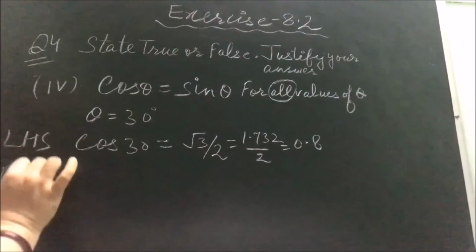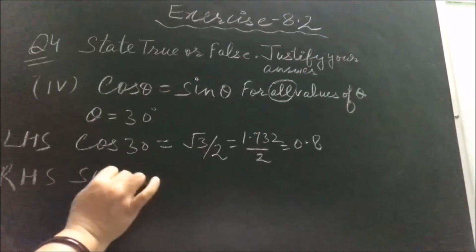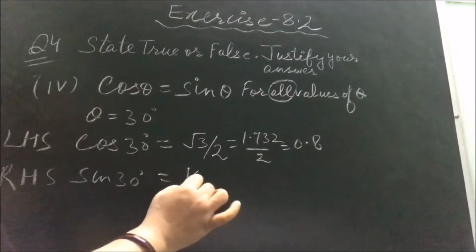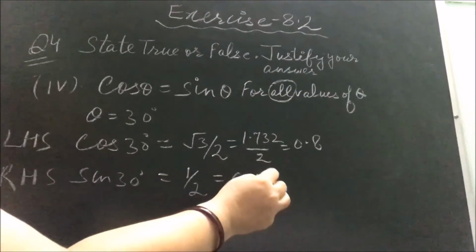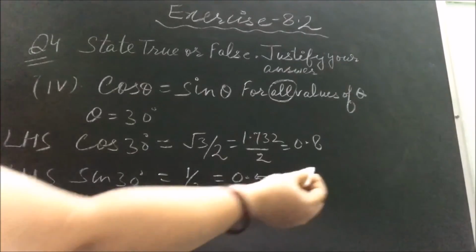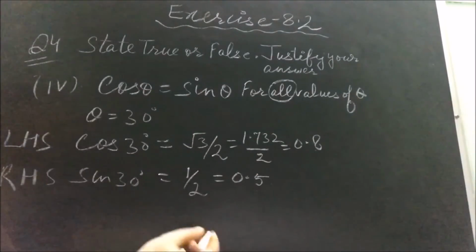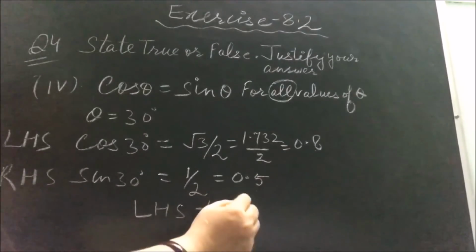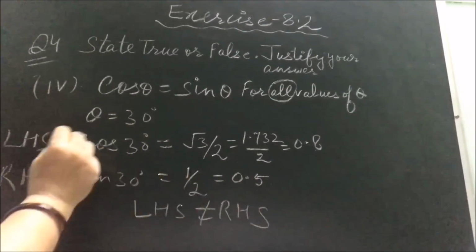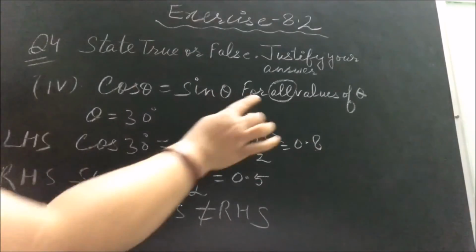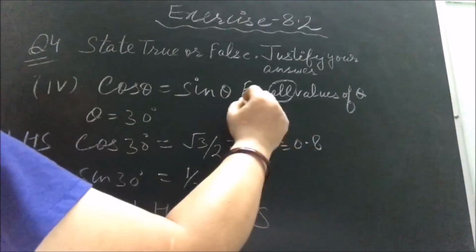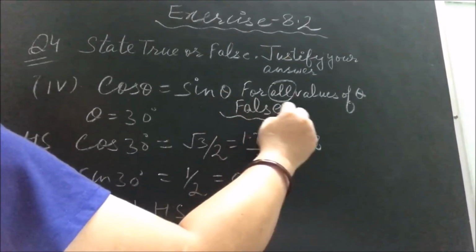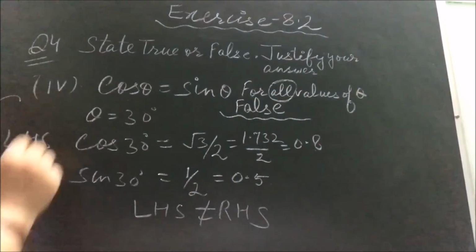And in RHS, sin 30 degree is 1 by 2, which is equal to 0.5. So see, here it is 0.8 and here it is 0.5. That means LHS is not equal to RHS, right? So cos theta equal to sin theta for all values of theta, this is false. This statement is false and you have to give the reason.